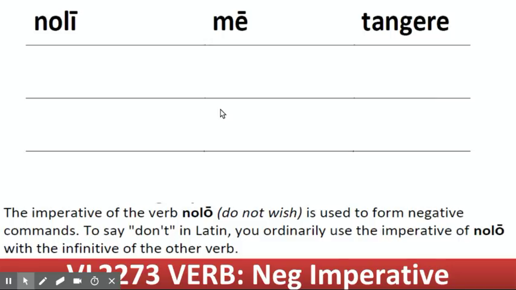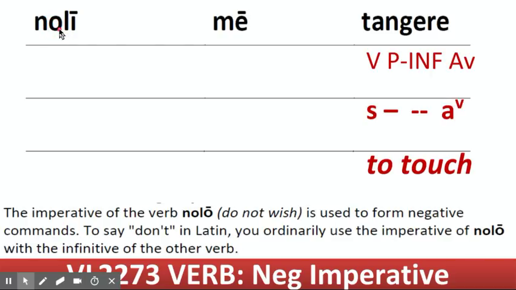Now, the most important part is when Latin signifies a negative imperative. It's so strong, it's just not the imperative. When you don't want to do something or tell someone not to do something, it is so strong, it takes two verbs to make it. Noli, don't wish. Notice that's the imperative form, right? It's imperative second singular.